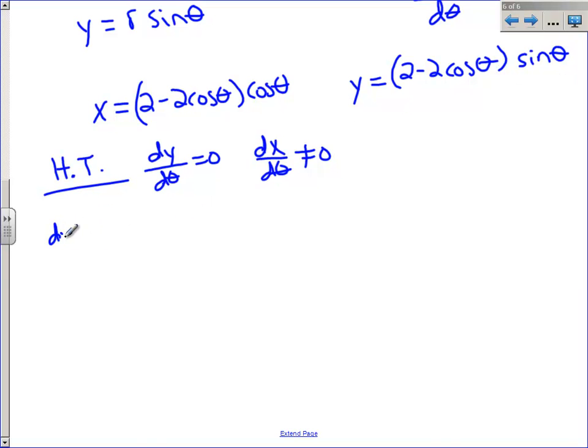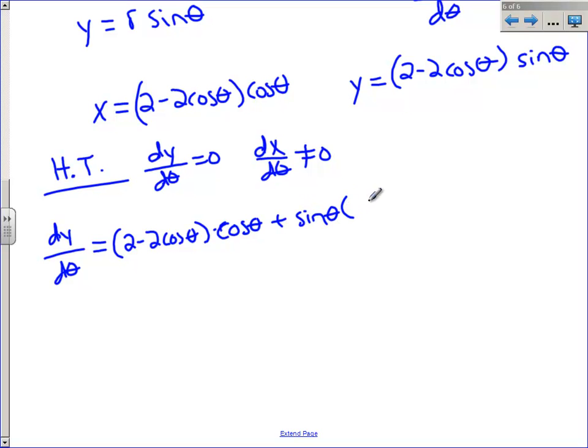So dy d theta is going to be, remember our product rule, the first times the derivative of the second, of course the derivative of sine is cosine, plus the second times the derivative of the first. Now the derivative of 2 minus 2 cosine theta, of course the derivative of 2 is 0. The derivative of the negative 2 cosine theta, we can just let the negative 2 stay there and take the derivative of cosine.